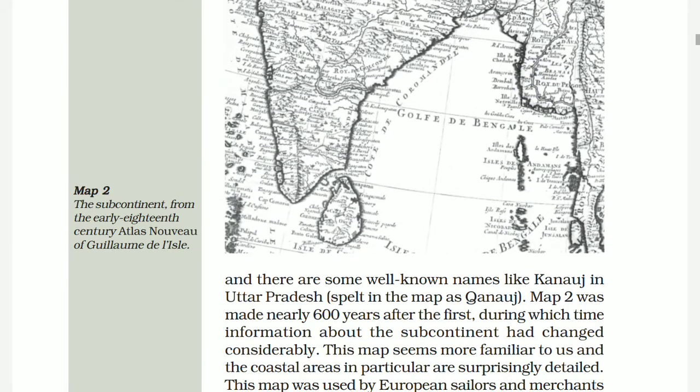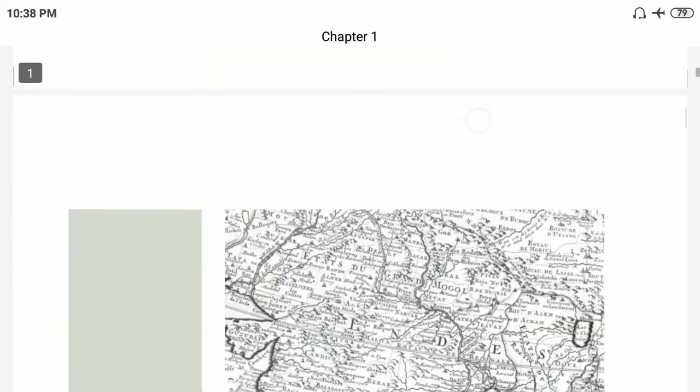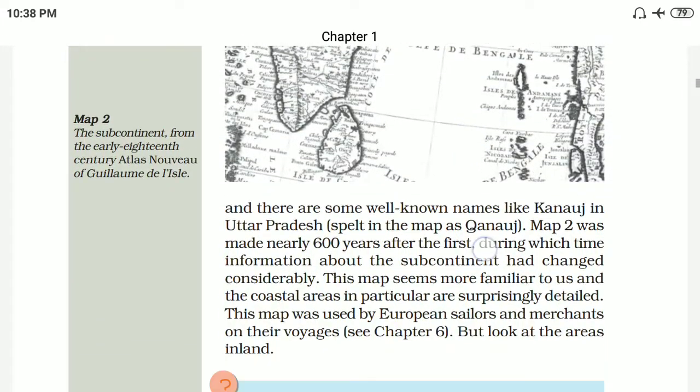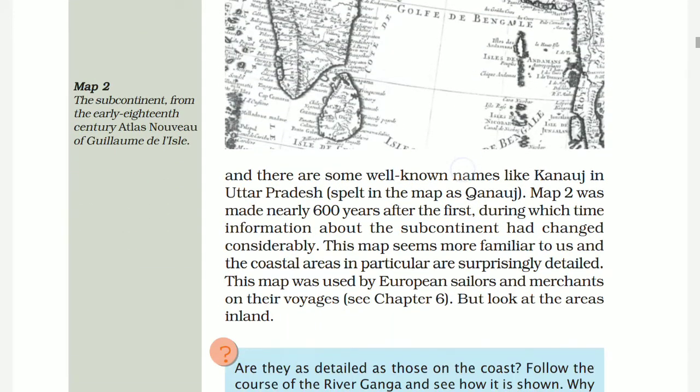This map was made in the 1720s, right? So there are some well-known names like Kannauj in Uttar Pradesh. Map 2 was made nearly 600 years after the first, during which time information about the subcontinent had changed considerably.